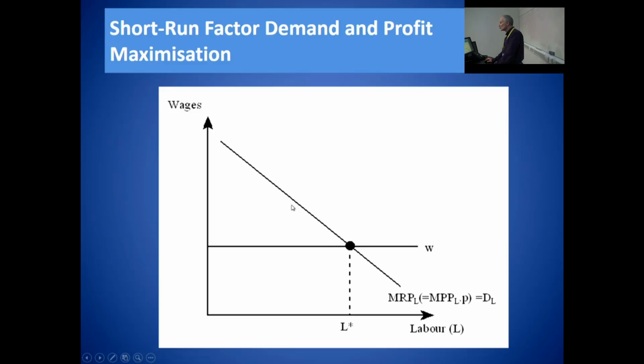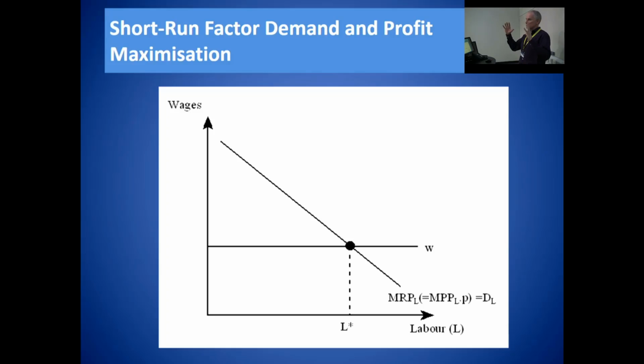Well, it would then reduce the amount it employs. If it could pay a lower wage rate, it would increase the amount that it employs. And all of these levels that it chooses to employ would trace out this marginal revenue product of labour schedule, which is why that marginal revenue product of labour schedule is also the short-run factor demand schedule.